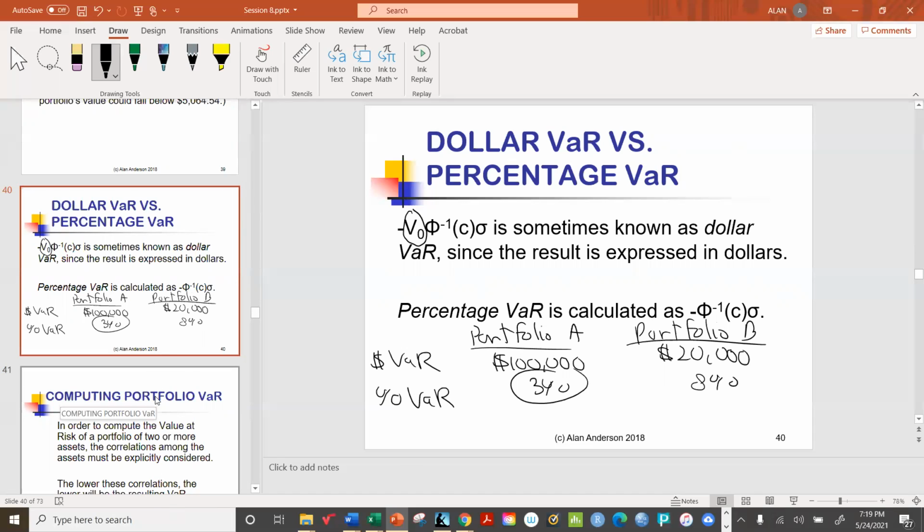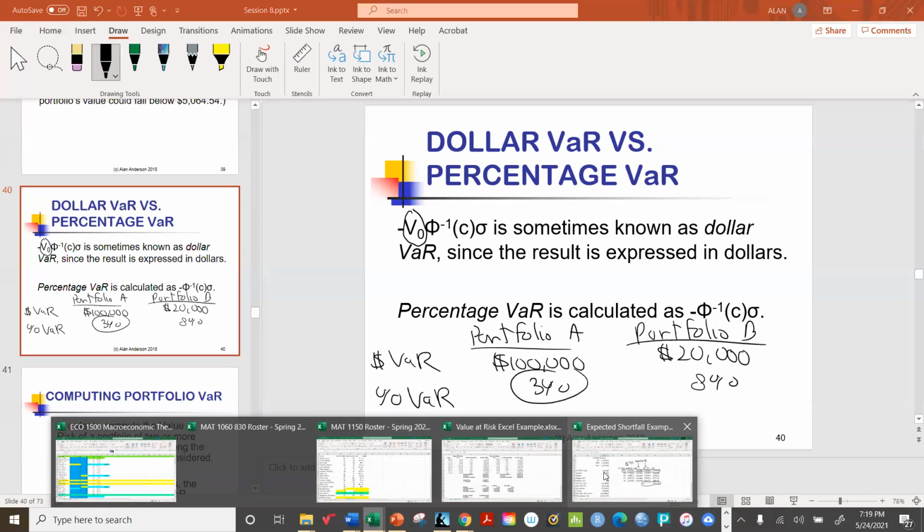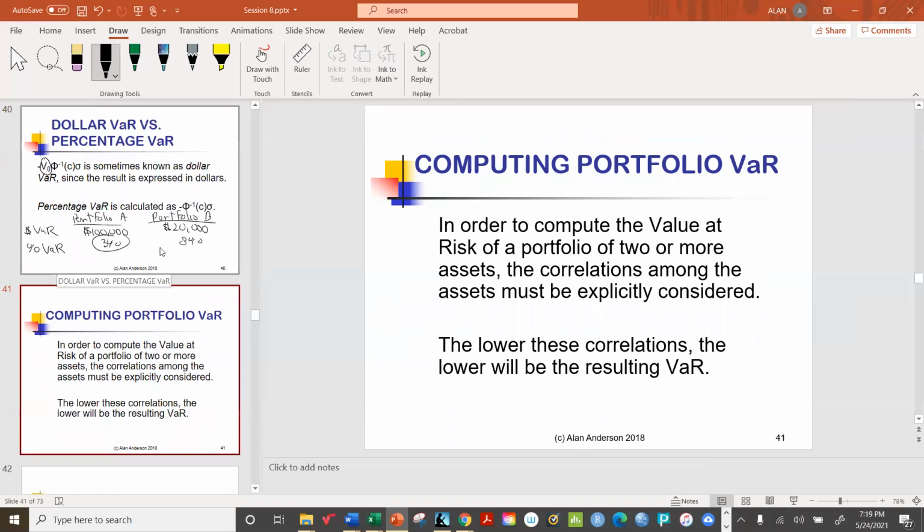Okay, now the fun begins. What about portfolio VAR? Up to this point, every example we did was based on the assumption that we had a single asset in our portfolio, like a single stock. What if instead we have two or more stocks?